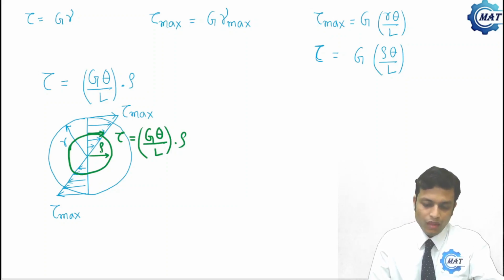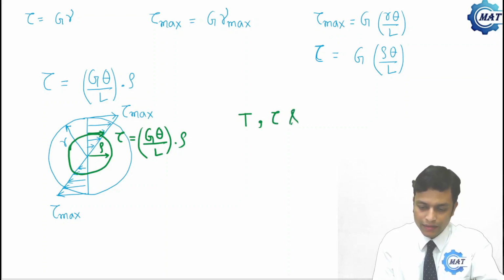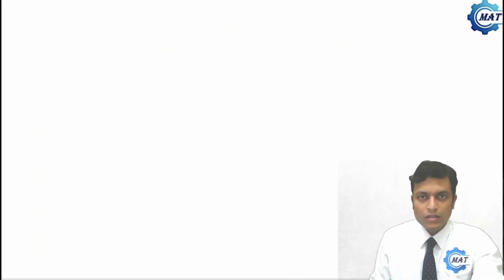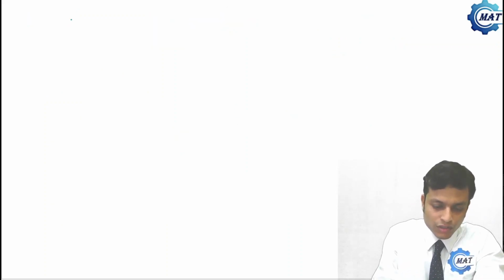Now let us try to determine a relationship between twisting moment T, tau and angle of twist theta. To do that, let us draw the shear stress distribution on the shaft further.